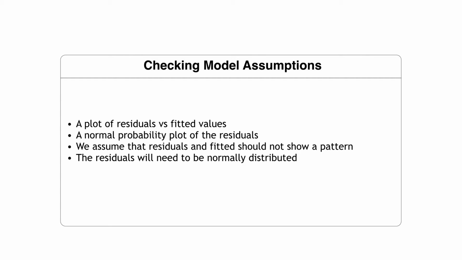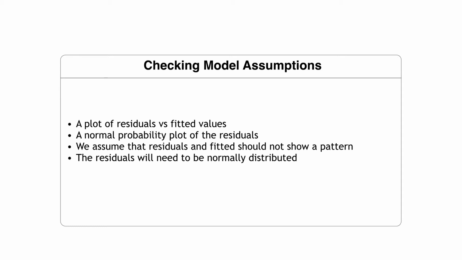Also a normal probability plot of the residuals, because we want to see that the residuals follow a Gaussian distribution. And we will assume that the residuals and the fitted values should not show a pattern. In other words, we are not going to expect that the residual values are actually going to diverge from a range, which is known as heteroskedasticity. And the residuals will ideally be normally distributed.